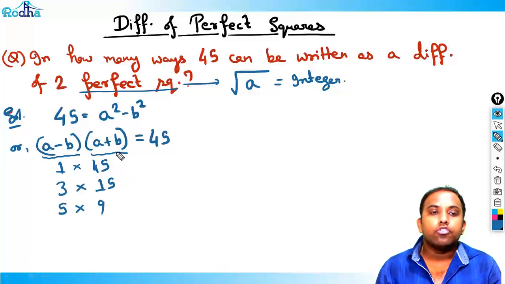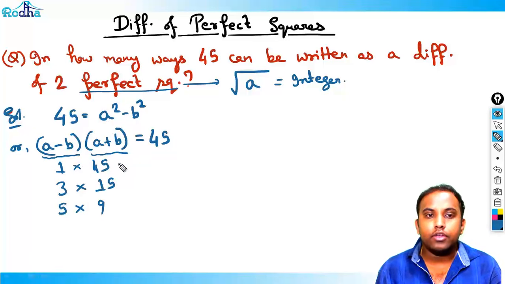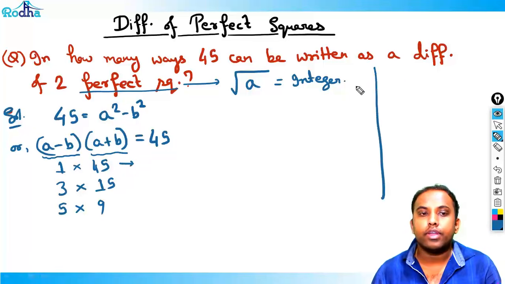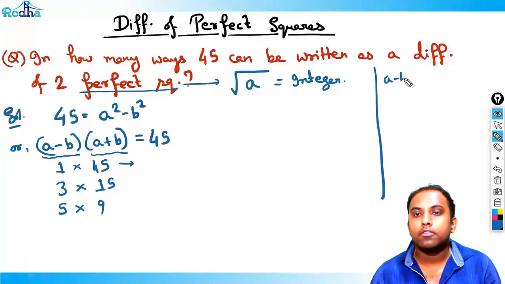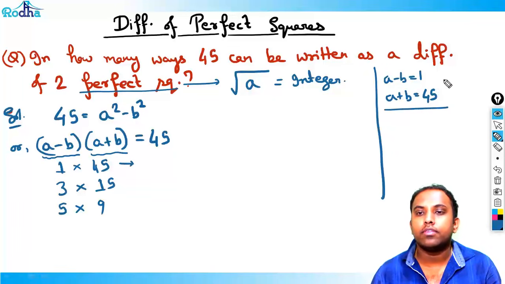Now for each value here, if I write a minus b equal to 1 and a plus b equal to 45, this is equation 1 and this is equation 2. Adding them, you will get 2a equal to 46, therefore a equal to 23.